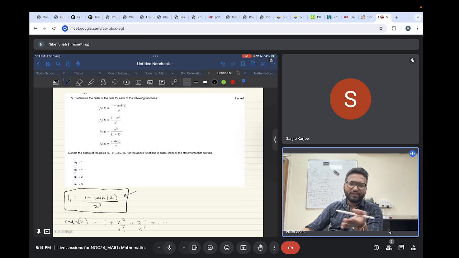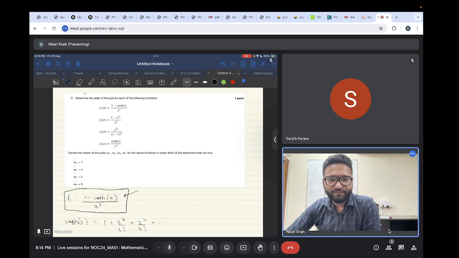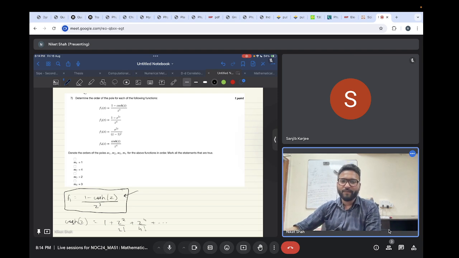So here, you will be able to read out the order of pole directly. If you do the expansion for e power 2z and write it as a Laurent series expansion, it's very easy to read this off and you will get the order of pole directly. So this is what I'm trying to say here. I hope this is clear.